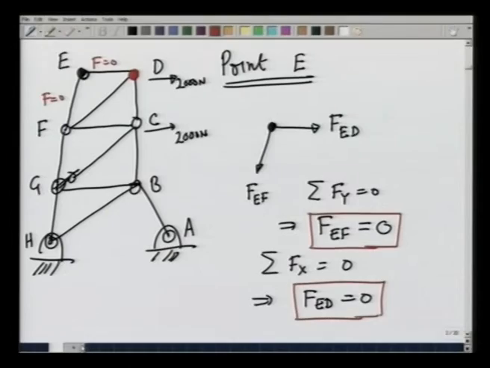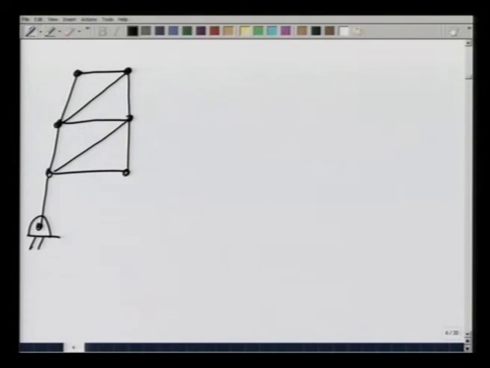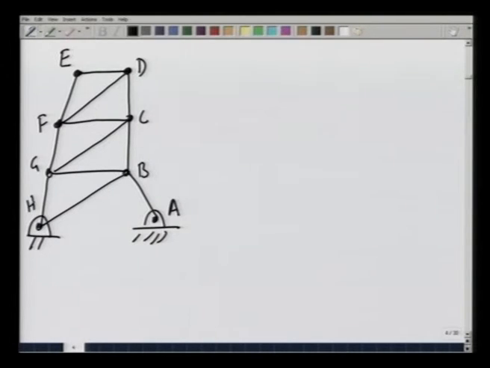Let us do that. So, if I go to point D, let me again make this structure. Point D, A, B, C, D, E, F, G, H. At point D, F E D is 0 and there is only one load, 2000 newtons.